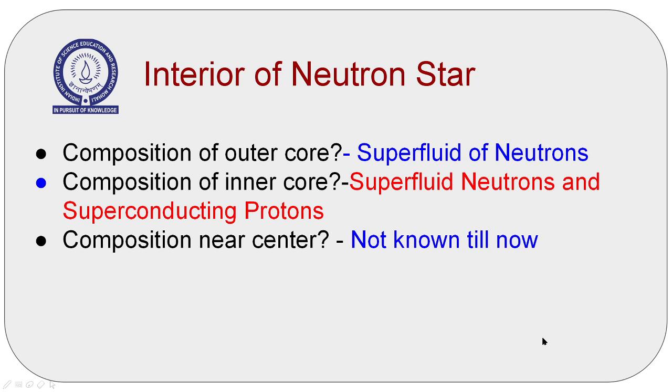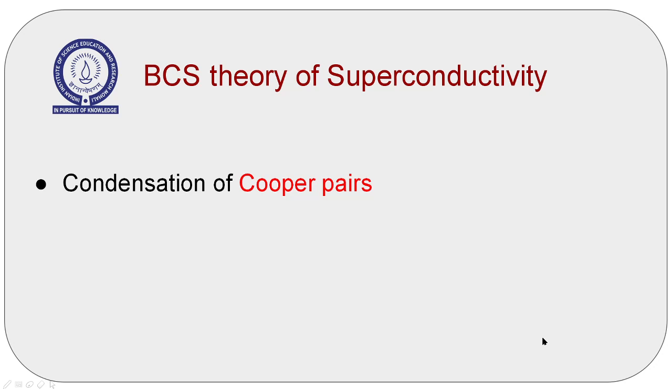Now, let's review the idea of superconductivity in neutron stars. For superconductivity to happen, it needs extremely low temperature on Earth, but how does the idea of superconductivity arise at such high temperature in a neutron star?